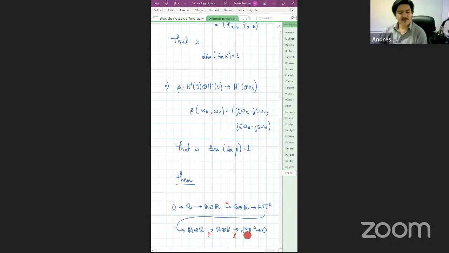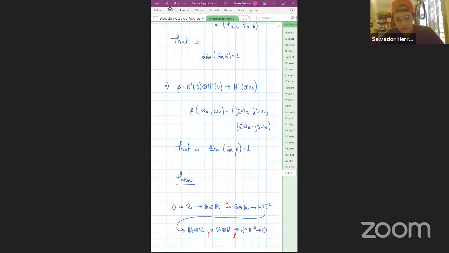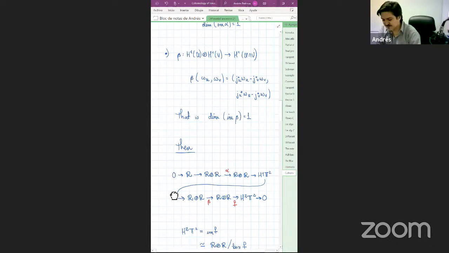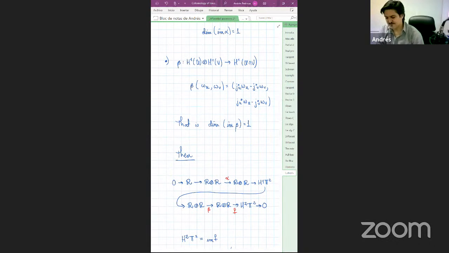Now, we have an exact sequence, and this map goes to 0. What can you say about the linear map f? That it is surjective. F is surjective. Great. So that means that H2 is equal to the image of f.